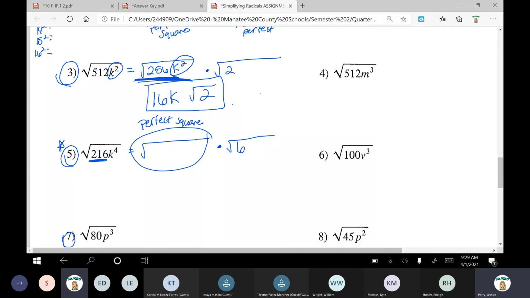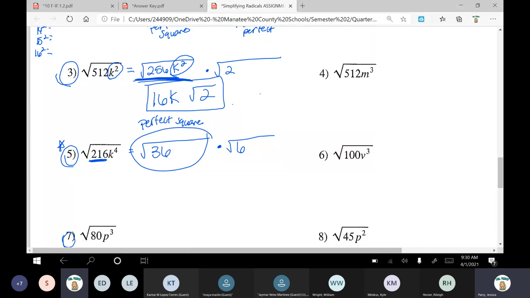So what perfect square times 6 is 216? You can type it in the chat there. If you think you have it, type it in the chat. I see some typing. 6 and 36. Perfect. 36 is the perfect square. 36 times 6 is 216.